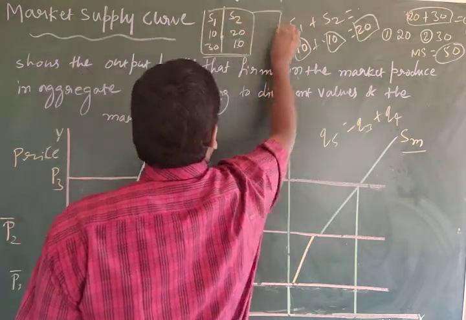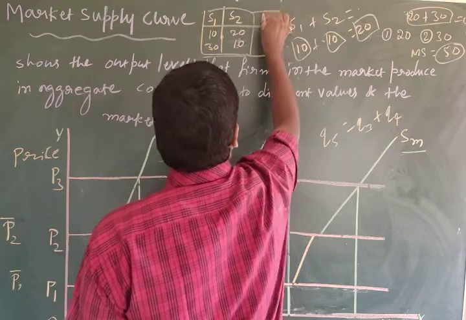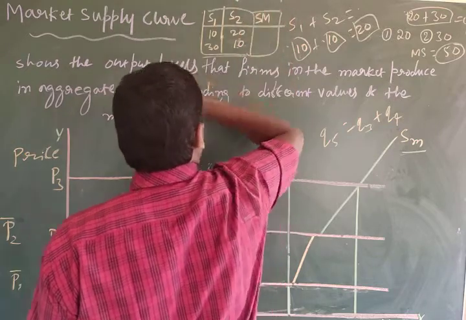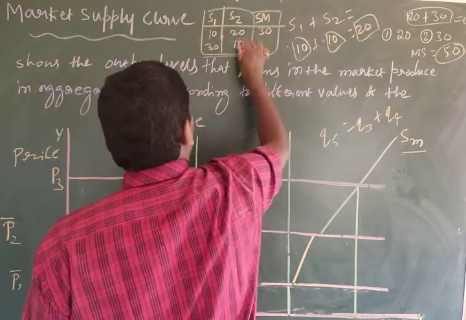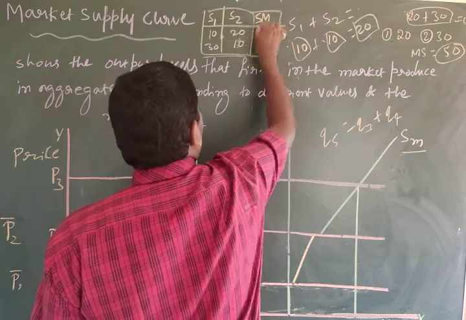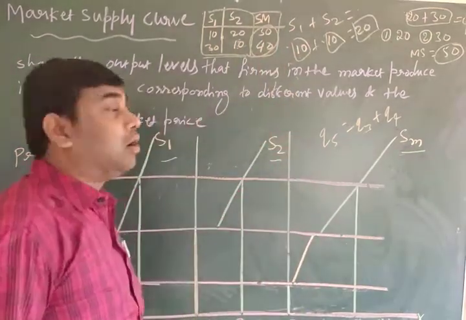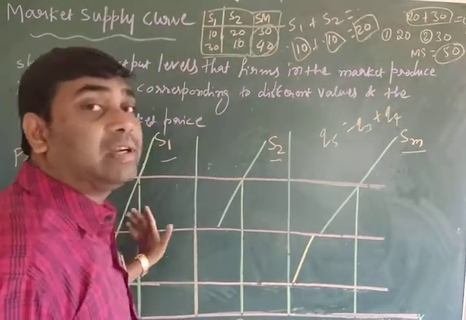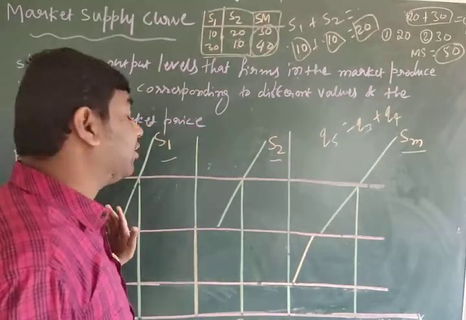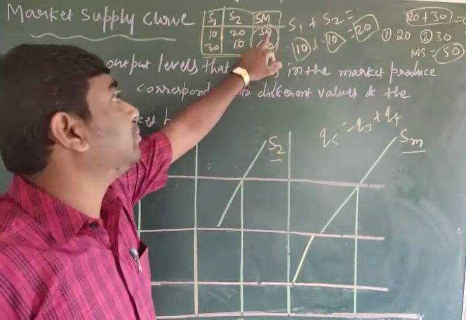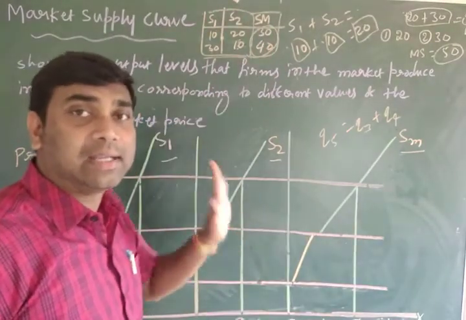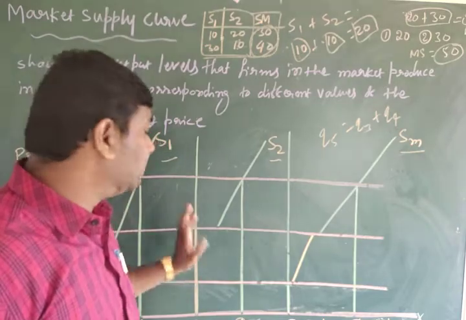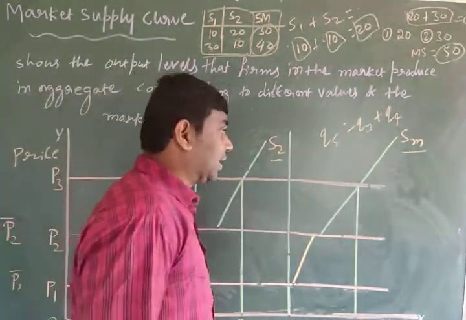This is market supply SM: 10 plus 20, 30; 30 plus 10, 40. So by horizontal summation, adding the firm 1 and firm 2 quantities, we can get the market supply curve.